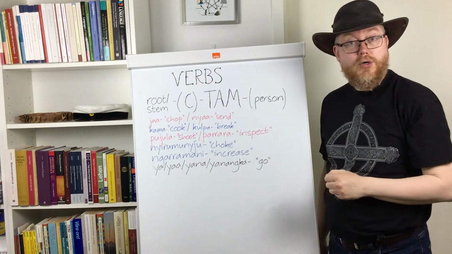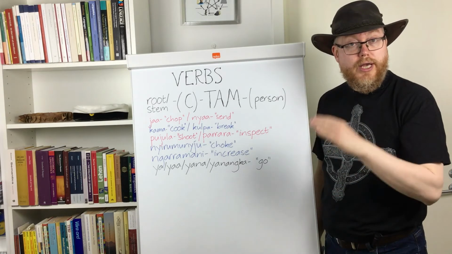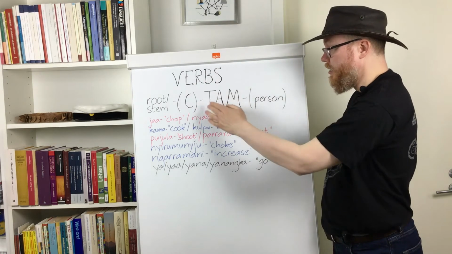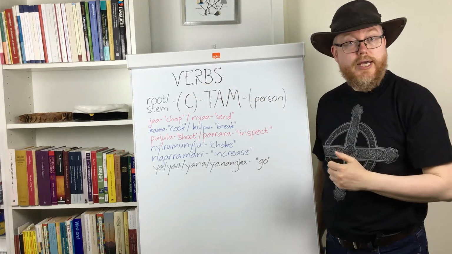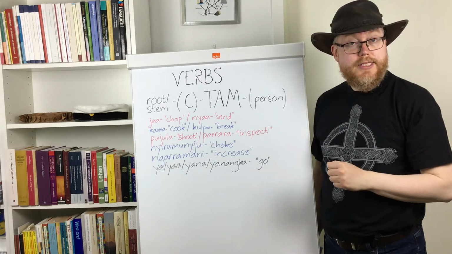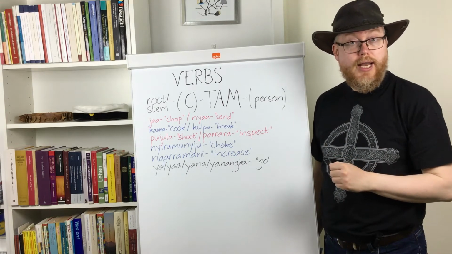Verbs in almost all Pama-Nyungan languages are divided into different verbal conjugations. C here stands for conjugation marker, and it is within parentheses because conjugation markers are only found in some Pama-Nyungan languages.